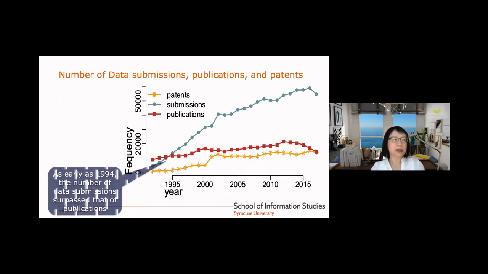So here are some results from our research. This one is the number of data submissions, publications, and patents. If you look at this point, which is around 1994, about 10 years after GenBank was established, the number of data submissions surpassed that of the publications.